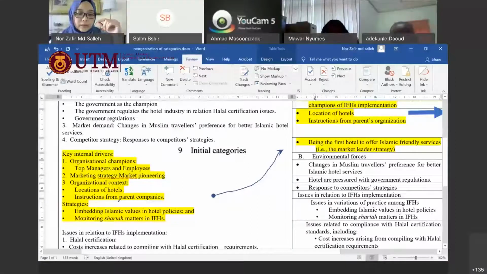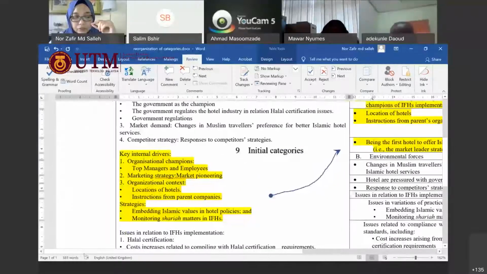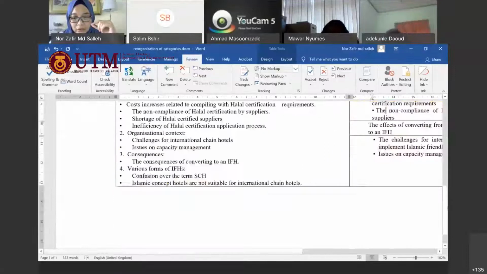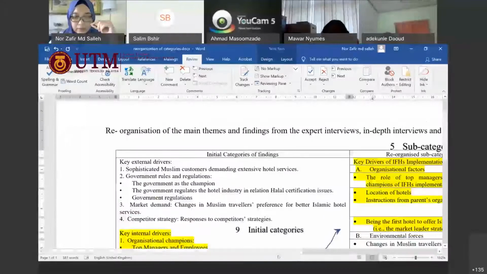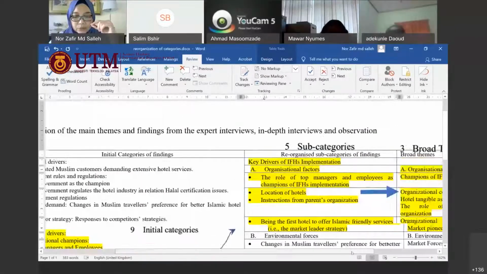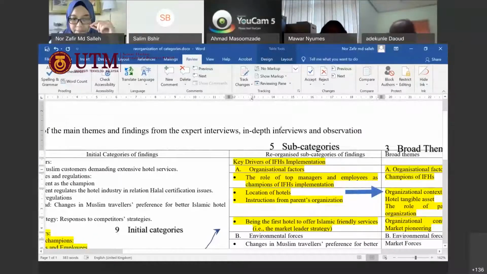Initially, there are 9 categories. As I go on and make comparison, organization, and reorganization of my codes, I found that I can conclude that into 5 categories.